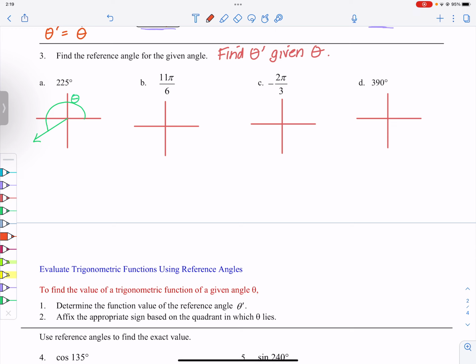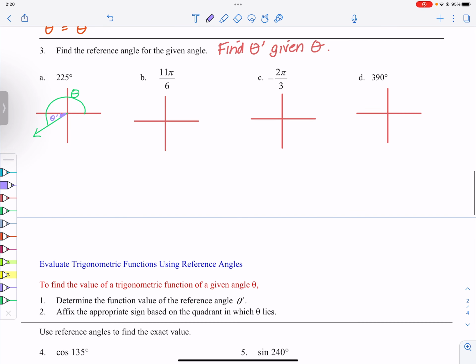But what do you notice? This is theta prime. So this is the angle that we are looking for right there. So what do you notice? You notice that theta prime is going to be equal to the theta that they gave us minus 180 degrees.